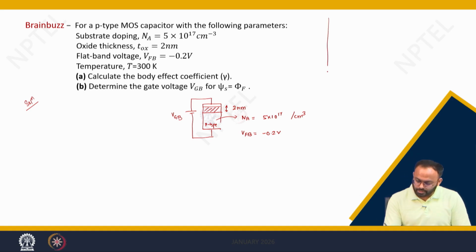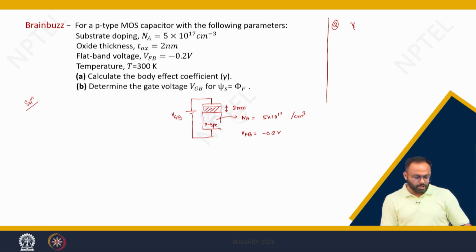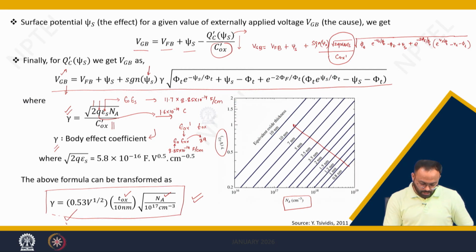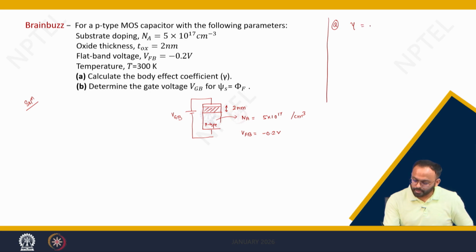The first thing is we need to calculate the body effect coefficient, gamma. Again we can use the simple formula given here: 0.53 into TOX divided by 10 nanometers into square root of Na divided by 10 to the power of 17 centimeter to the power minus 3.